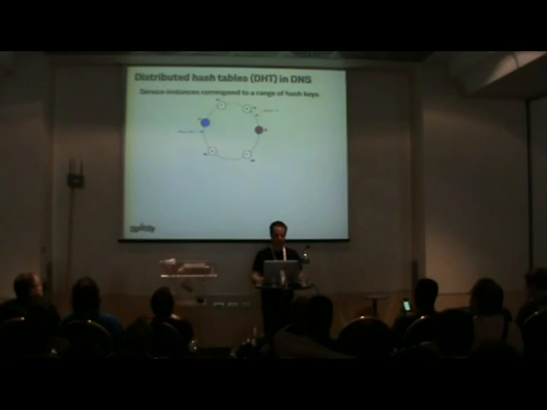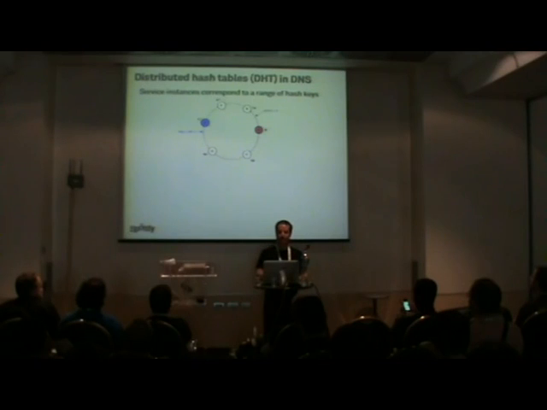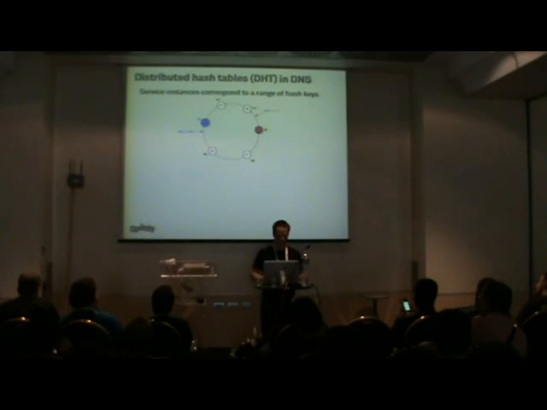Okay, so on to distributed hash tables. Probably many of you are familiar with these, but not sure. In this drawing, I'm showing a ring that represents the key space for a hash table. And the little circles on that are nodes using the distributed hash table.